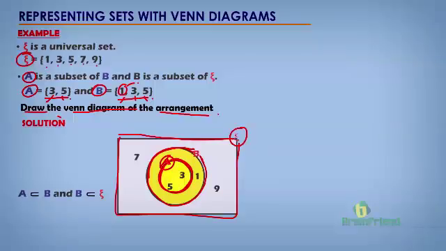Therefore, 1 is written within the borders of B, but outside of the borders of A. And so we have 1 here.